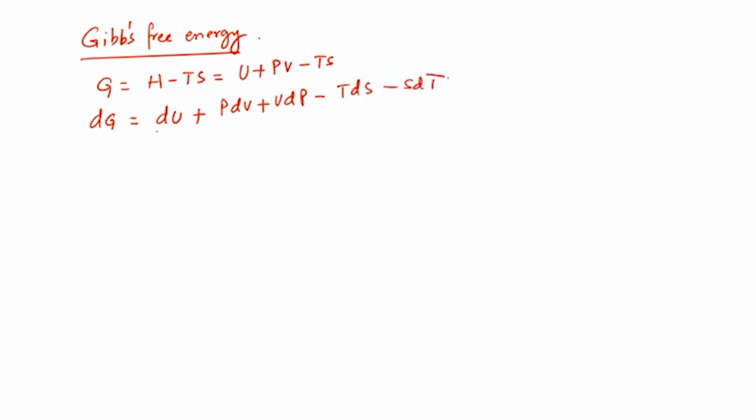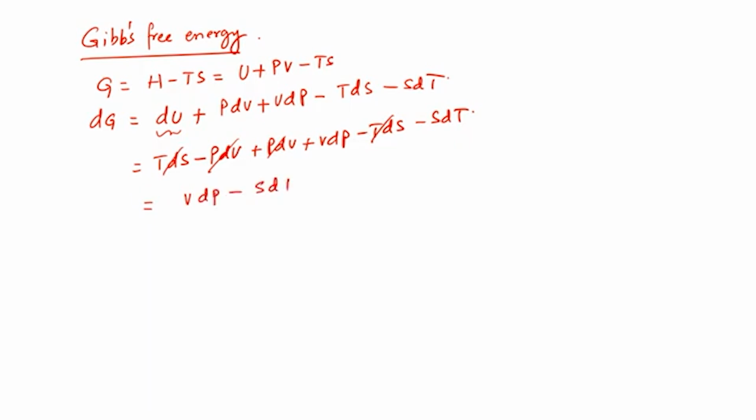Once again, using dU equal to TdS minus PdV, there is a plus PdV and a plus VdP, and there is a minus TdS and a minus SdT. Clearly the PdV's will cancel and the TdS would cancel, leaving us with VdP minus SdT, and it is easy to see that G is a function of T, P.